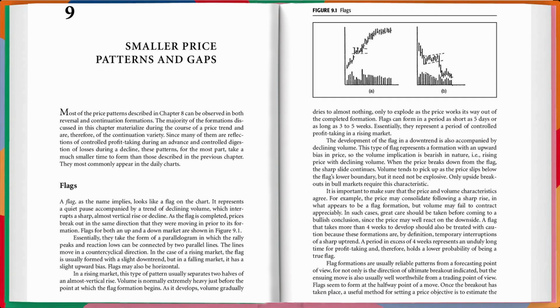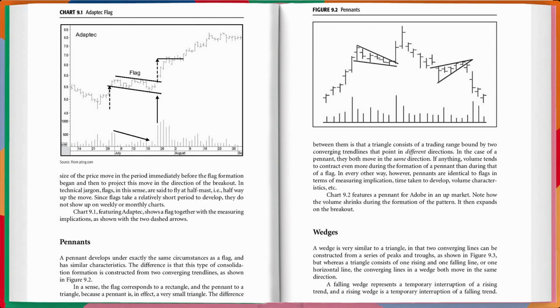Flag formations are usually reliable patterns from a forecasting point of view, for not only is the direction of ultimate breakout indicated, but the ensuing move is also usually well worthwhile from a trading point of view. Flags seem to form at the halfway point of a move. Once the breakout has taken place, a useful method for setting a price objective is to estimate the size of the price move in the period immediately before the flag formation began, and then to project this move in the direction of the breakout.